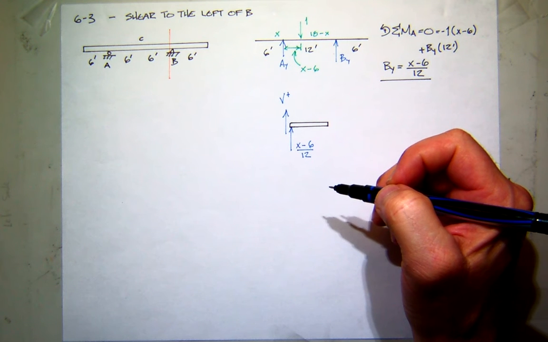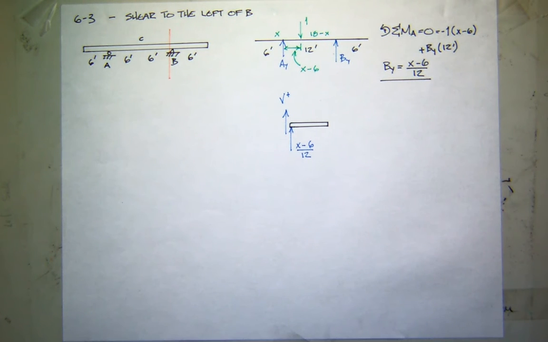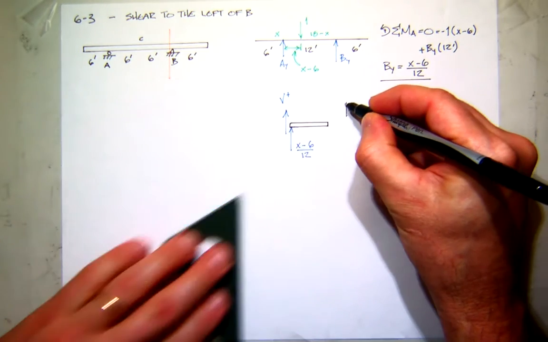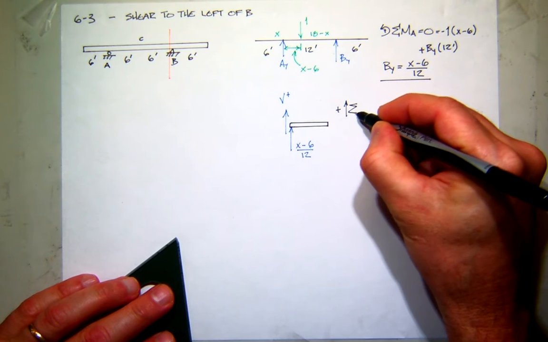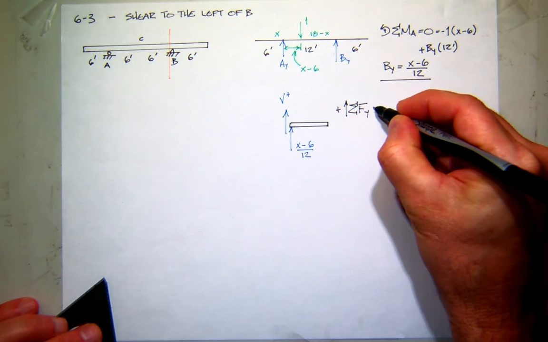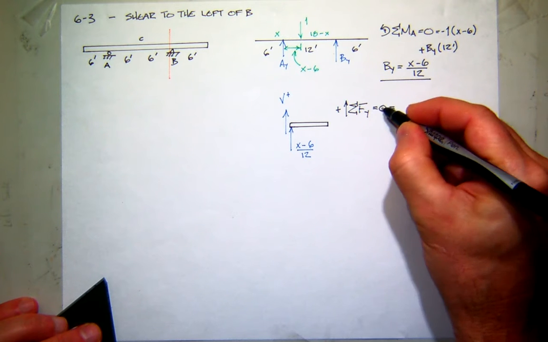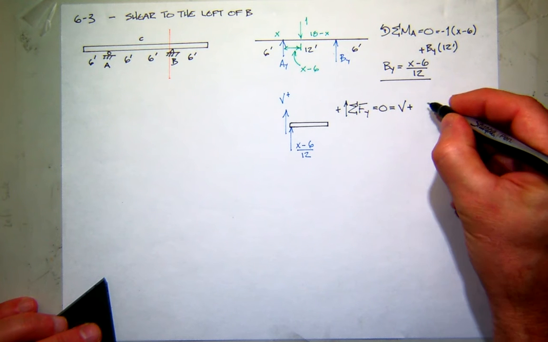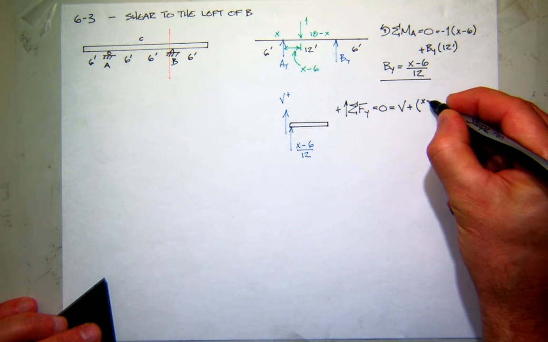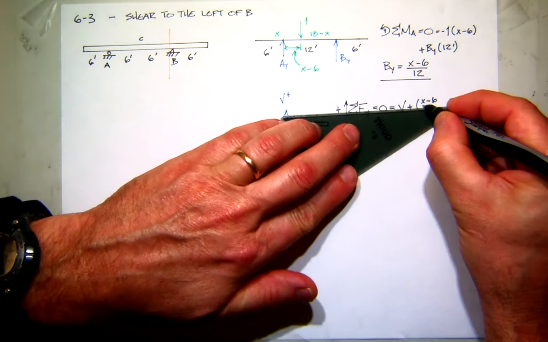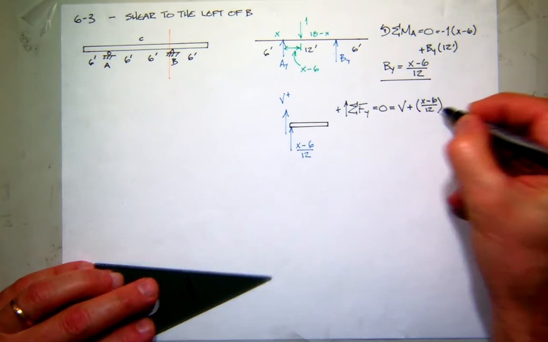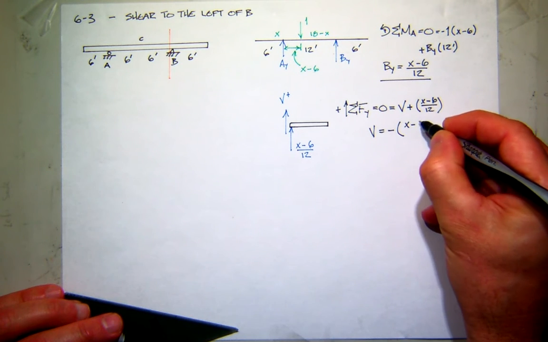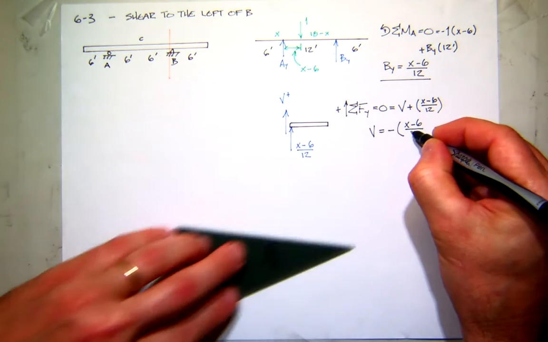That's it. So how do I find the shear at that point? Sum forces in the y direction, make sure it's in equilibrium. I'll assume up is positive, so I have the shear acting up plus my reaction force, which is x minus 6 over 12. So the shear is minus x minus 6 over 12.